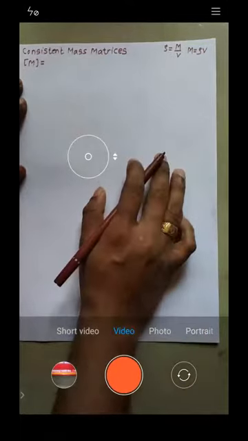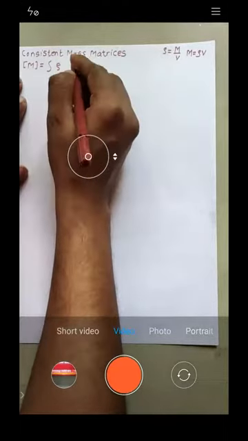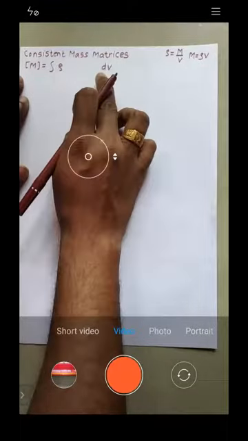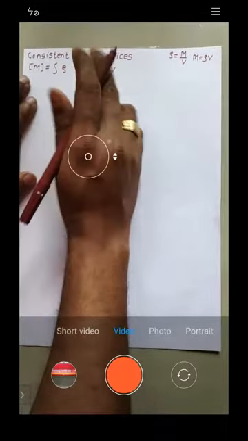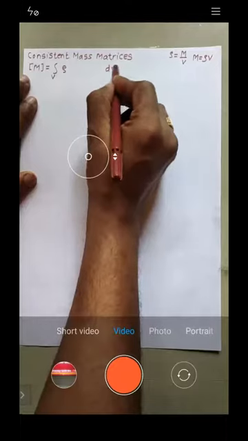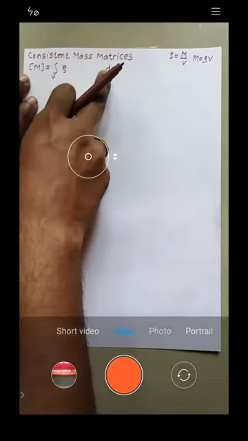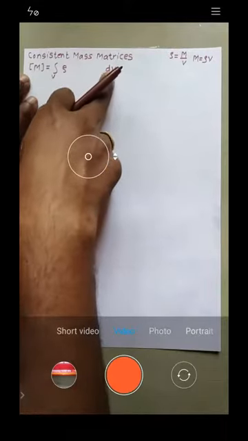I will write mass as density into volume, but instead of the total volume, I will write a small volume dV and integrate it over the total volume V. The integration of dV is V, which is why I wrote this integration.